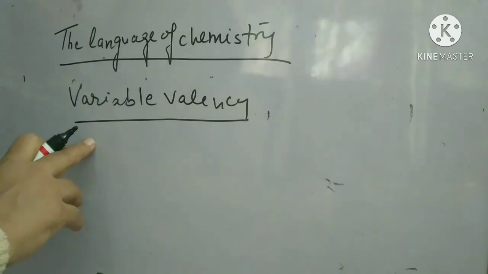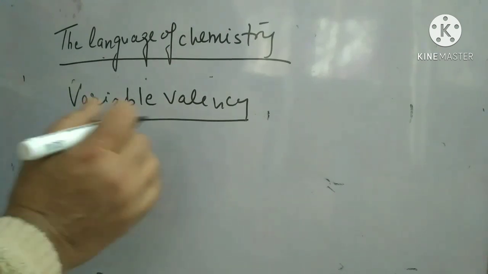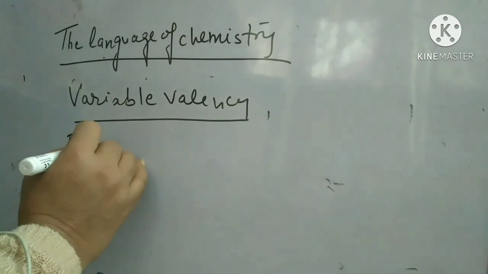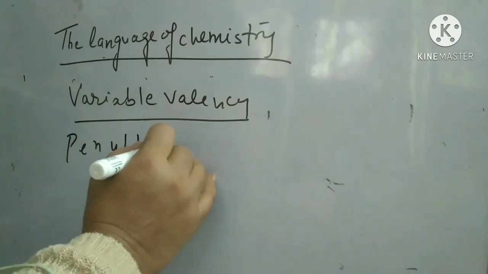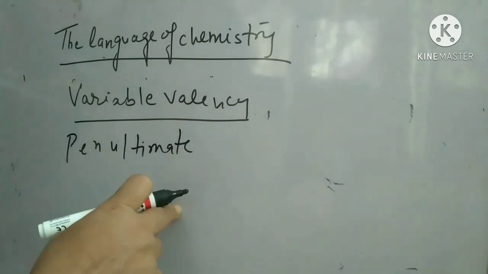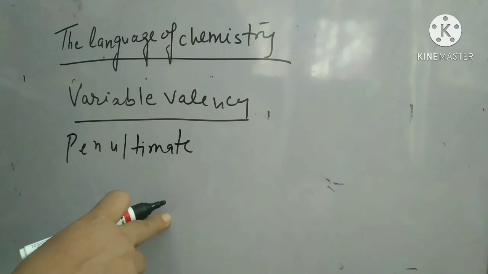An atom or an element can sometimes lose more electrons than are present in its valence shell. That is, it loses from the penultimate shell, the shell before the last shell. So it exhibits more than one valency.